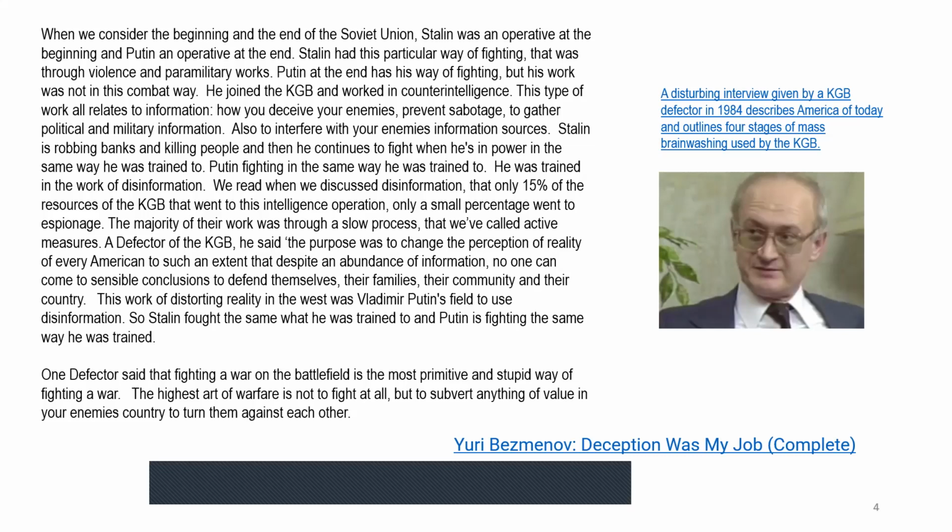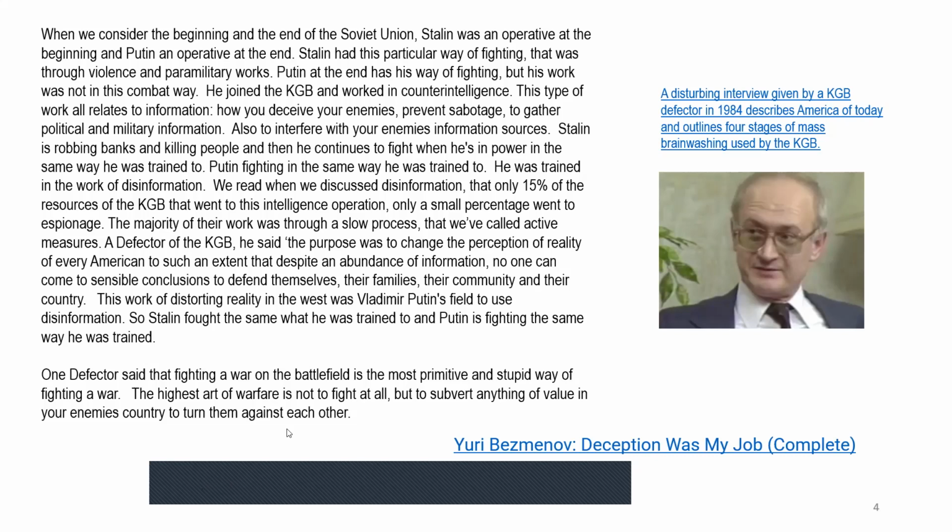So we'll start again. When we consider the beginning and the end of the Soviet Union, Stalin was an operative at the beginning and Putin an operative at the end. Stalin had this particular way of fighting that was through violence and parliamentary works. Putin at the end has his way of fighting, but his work was not in this combat way.